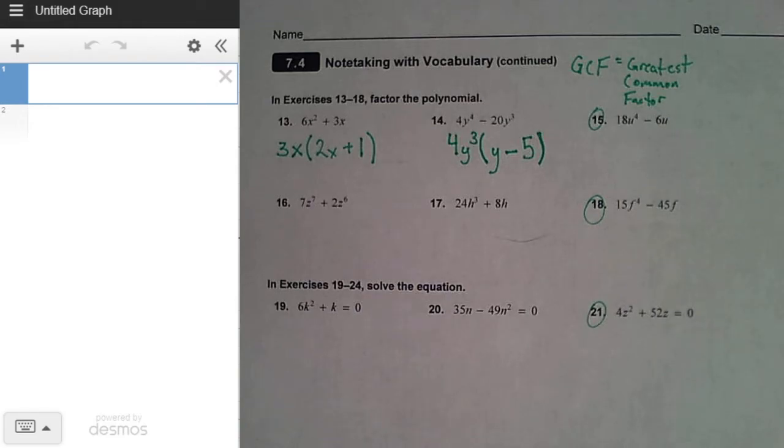So in number 16, we have 7z to the 7th plus 2z to the 6th. So the biggest value, we notice that 2 and 7 are relatively prime.